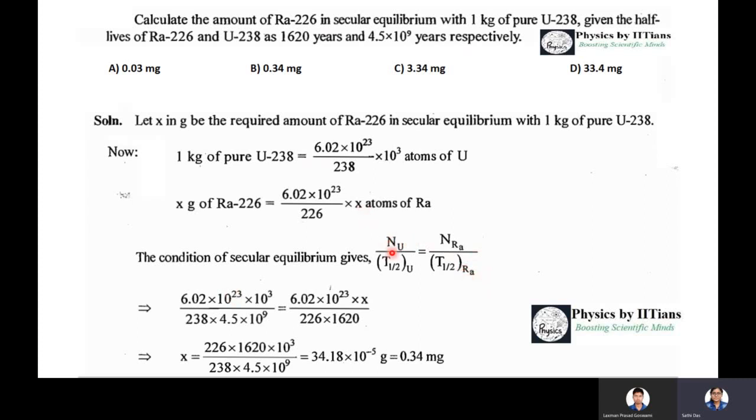So you know Nu, you know the T half values, and you can find out this X value, the X gram of radium. So this is the amount of radium-226 that is in equilibrium with 1 kg of uranium-238 at these half-lives. So the answer is 0.34 mg.